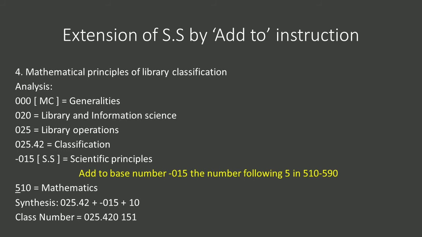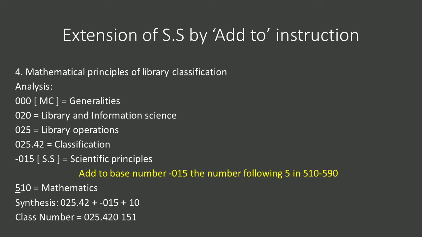We can take the help of standard subdivision, that means table 1. We know that we can add the notation of standard subdivision without instruction. That's why I have taken 01 5 SS. SS means standard subdivision without any instruction.